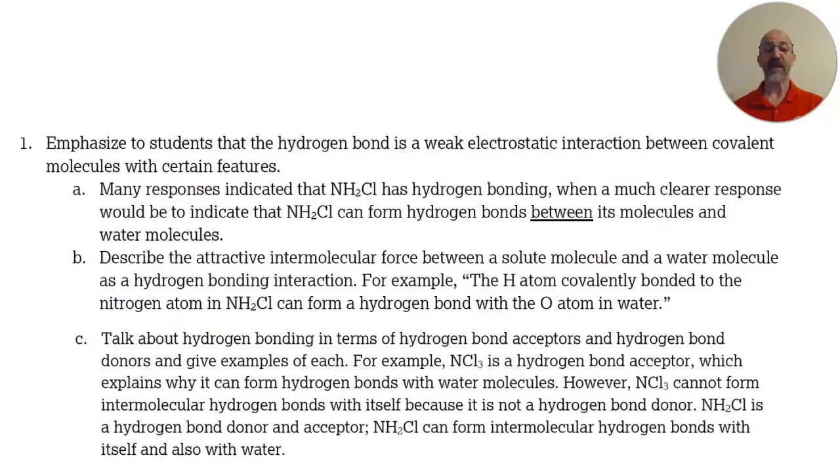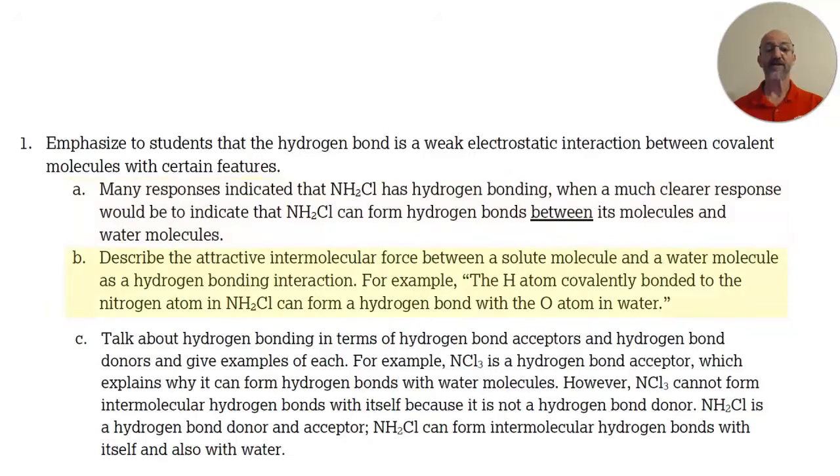So the summary in the Chief Reader Report for the 2022 exam was to give the following advice. Again, many responses indicated that NH2Cl has hydrogen bonding. That was a mistake. A much clearer response would be to indicate that NH2Cl can form hydrogen bonds between its molecules in water.